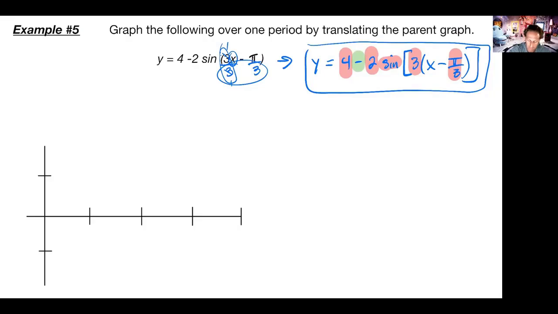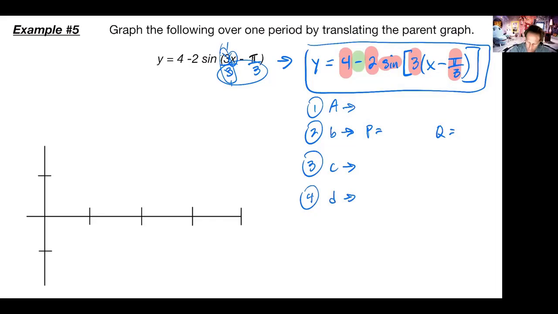Remember, try to keep it alphabetical in the order that you do these things. So first, amplitude. Second, the b, which is going to affect our period and our quarters. Then third, the c, which is going to be our vertical shift. Then I will go ahead and do the d, which would be the horizontal shift.